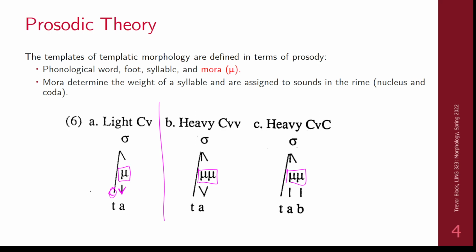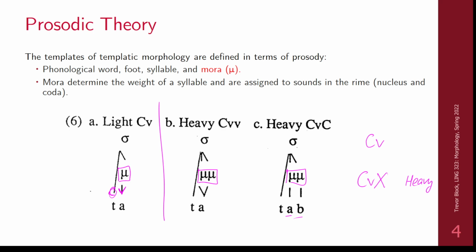So Arabic allows three different types of syllables, only three. There's a light CV, there's a heavy CVV, and a heavy CVC. So really there's two that we can think of. There's a CV, and then there's a CVX syllable. These are heavy, these get two Mora, so the consonant and the vowel will each get a Mora.